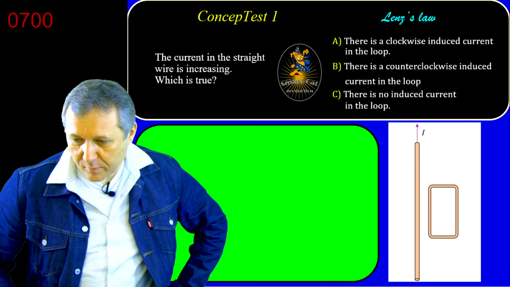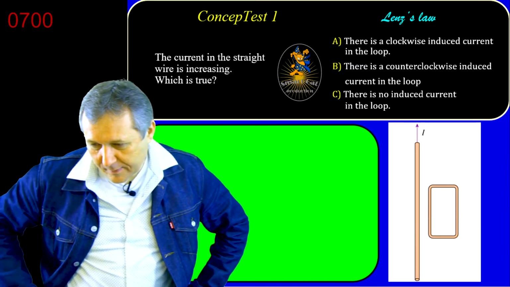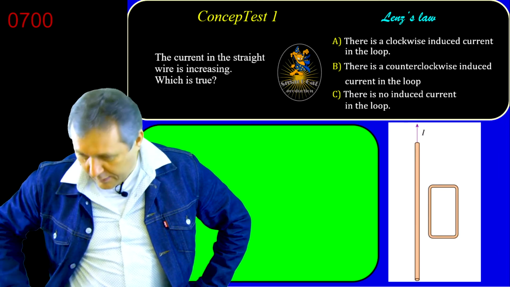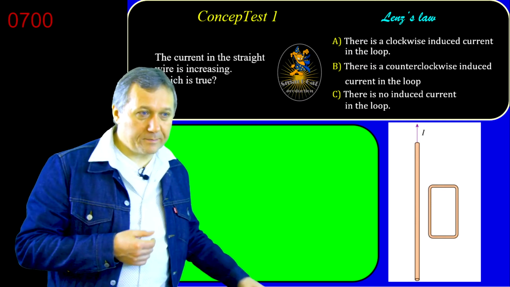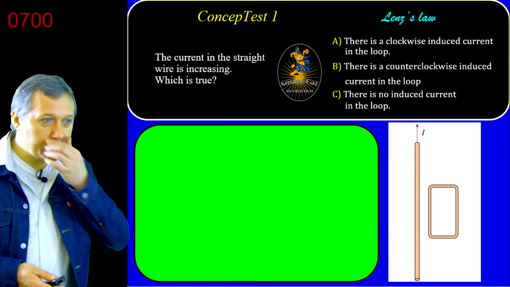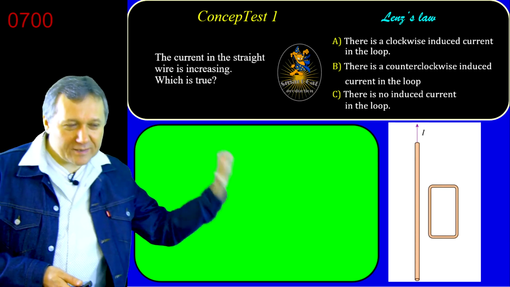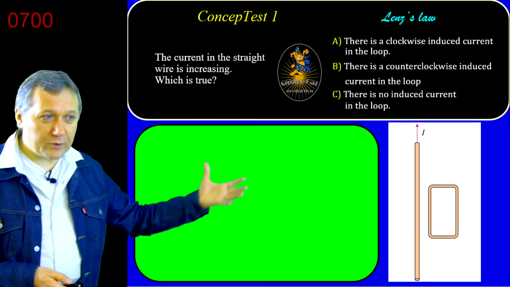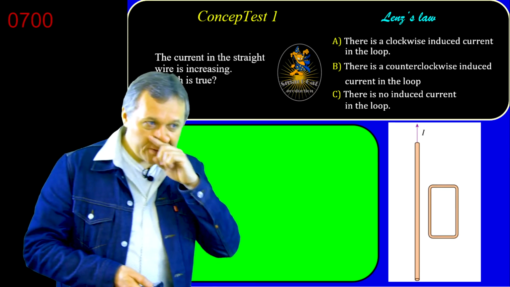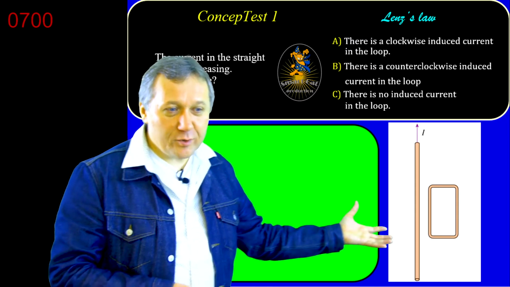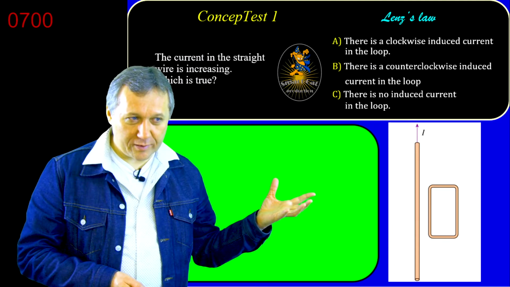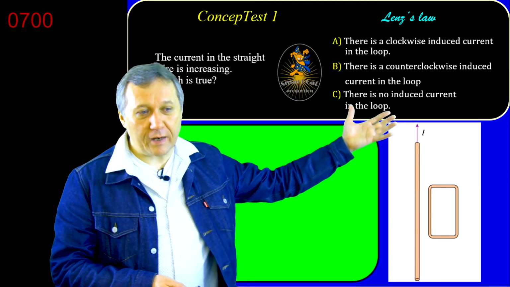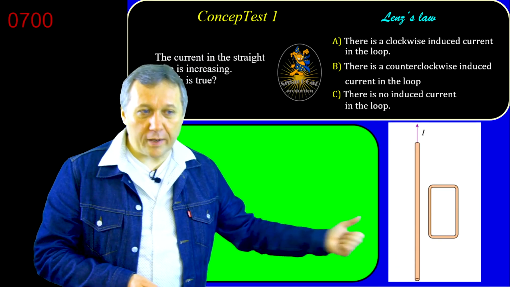Okay, it looks like the number of responses is not growing, so it means that I can discuss this. Okay, so I will create not exactly, but similar train of thoughts. But first of all, we need to start with figuring out where is the external magnetic field, and what's the direction of the external magnetic field. Of course, that field is produced by the wire with the current.